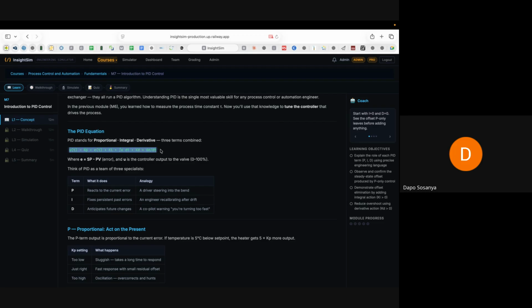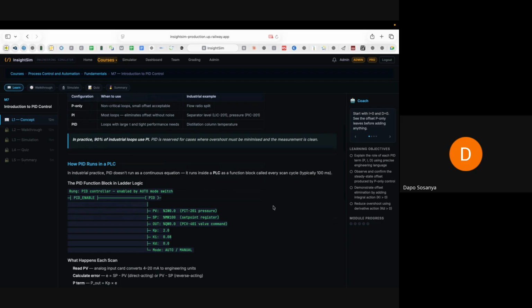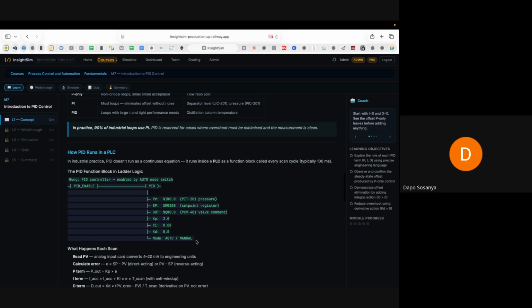So when you see the PID function block from Siemens, from Allen Bradley, from Yokogawa, from Modicon, all of them, 100% are built on this equation you are seeing on the screen, which means that if you master this equation, you've practically mastered 80% of the function block of any of the operators. All the differences are in these terms.